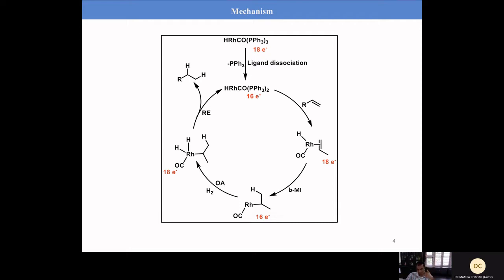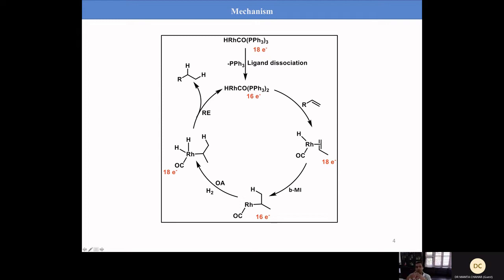Now, if it is rhodium 1+, this is an 8 electron species, right? 8 and hydride 2, 8 plus 2, 10, carbon monoxide 2, 12, 3 triphenyl phosphine, each of them giving 2 electrons due to the lone pair of phosphine. So 6 electrons, 6 to 12 plus... 8 plus 8, 16 plus 2, 18. Total, it is an 18 electron complex.